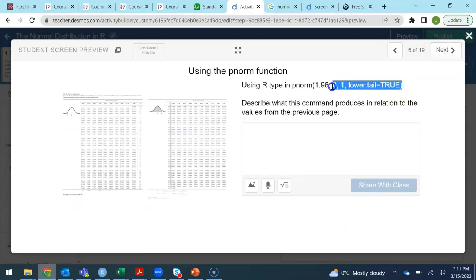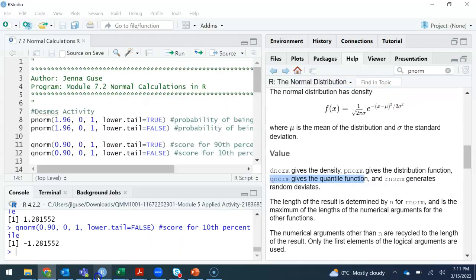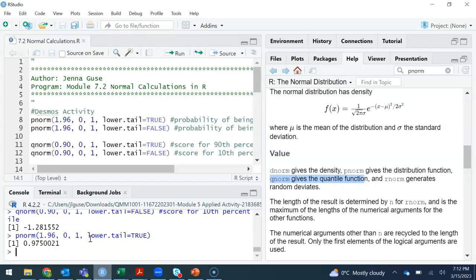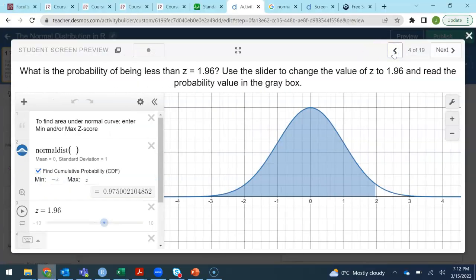Now we're going to go in R and use this exact command. pnorm(1.96, mean = 0, sd = 1, lower.tail = TRUE). When you put that directly in the console, look what you get, 0.9750021. How is that related to what we had on the previous slide? It gives you the probability.